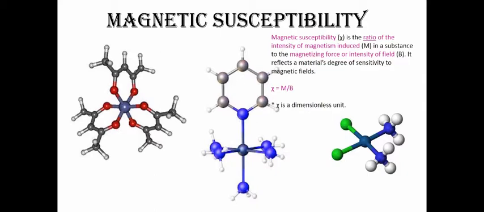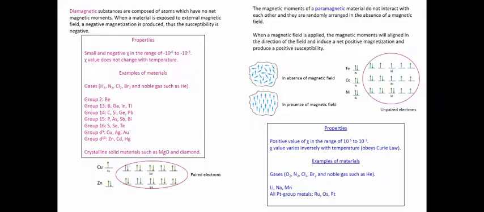If the magnetic susceptibility value is positive, the material can be paramagnetic, ferromagnetic, ferrimagnetic, or antiferromagnetic. However, if the measured value is negative, the material is diamagnetic.